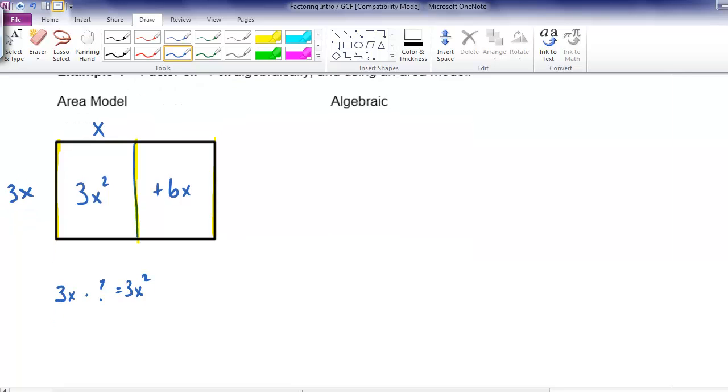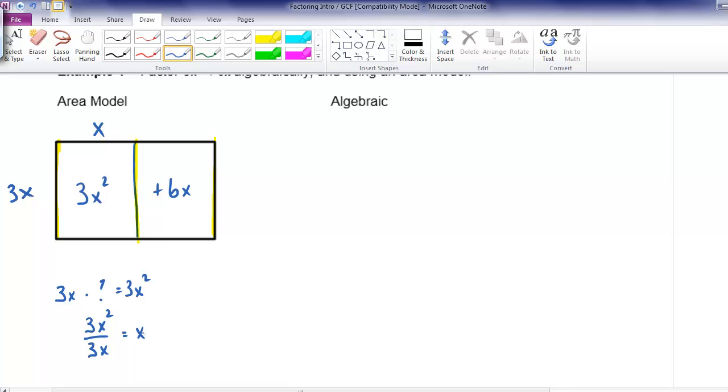The other way we could do it, instead of thinking multiplication, is, well, we can unmultiply. And I guess in that sense, what we're asking is, what is 3x squared divided by 3x? The 3's cancel out, and one of our x's on top cancels out one of our x's on the bottom, and we are just left with 1x on top.